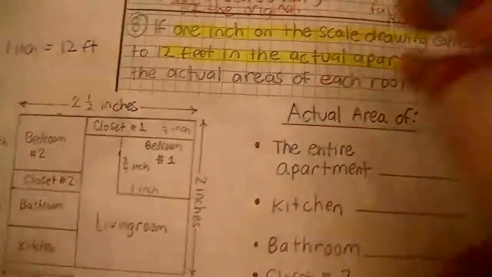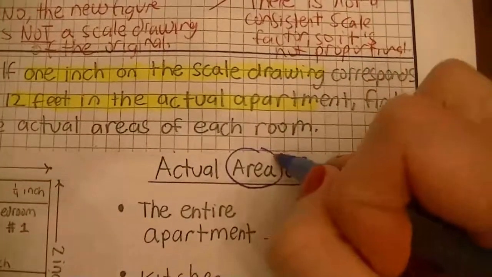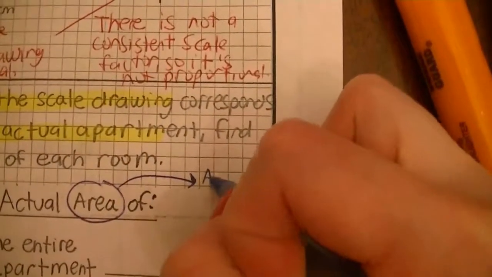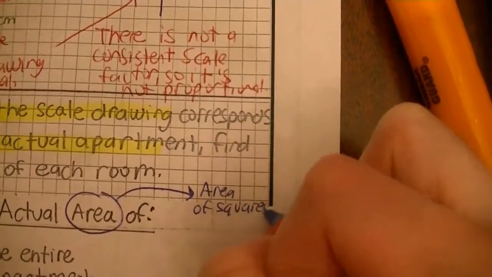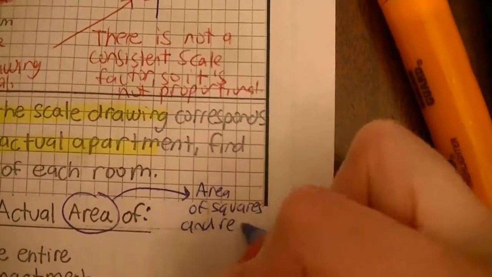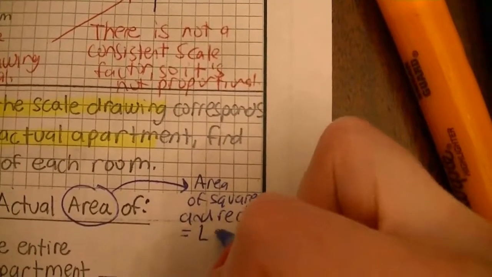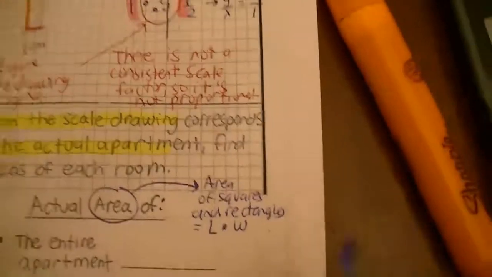Yeah, they're rectangles and squares, it looks like. So area is going to be length times width because they're squares and rectangles. Okay, length times width. Area of squares and rectangles is length times width, okay?